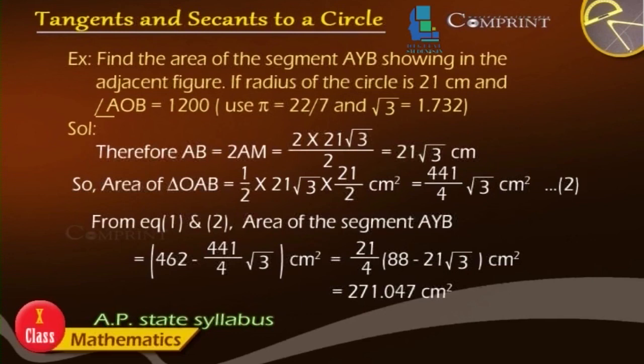From equation 1 and 2, area of the segment AYB is equal to 462 minus 441 by 4 root 3 centimeter square, which is equal to 21 by 4 into 88 minus 21 root 3 centimeter square, which is equal to 271.047 centimeter square.